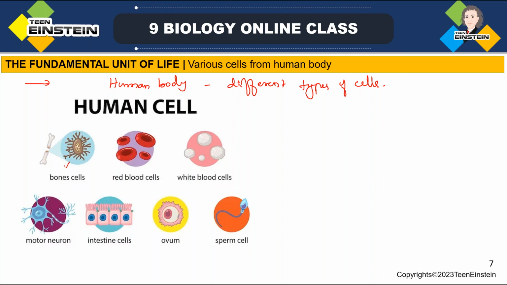Here you can see bone cells. In bone, this type of cells you can see. Blood cells, red blood cells, then white blood cells, then neurons, then intestine cells. Then this is the ovum and this is a sperm. So you can see different types of cells in a single organism, in a human body.